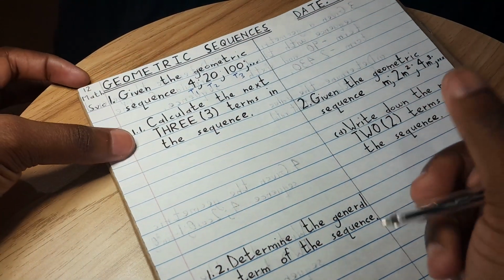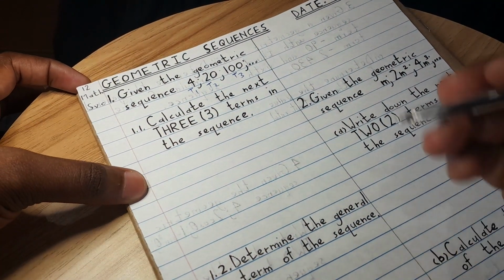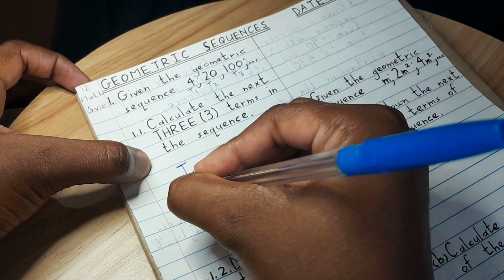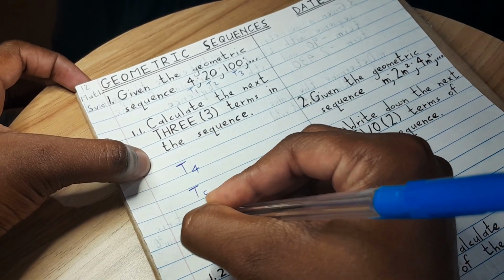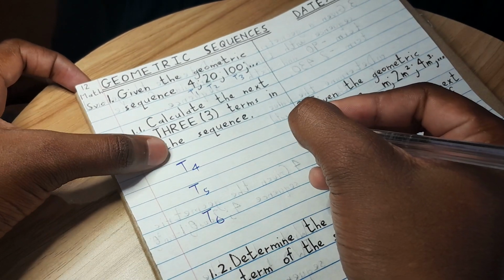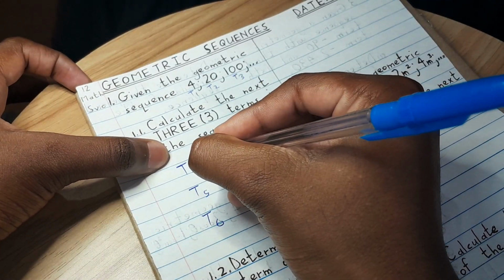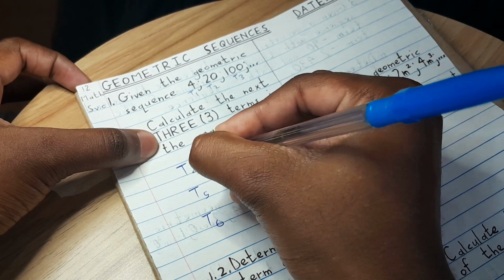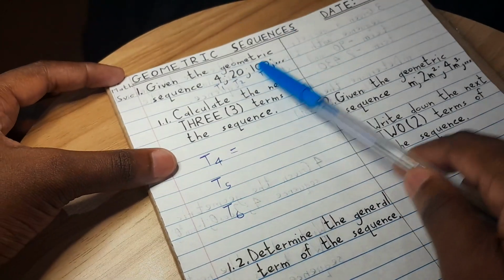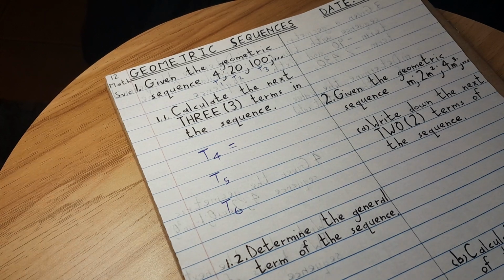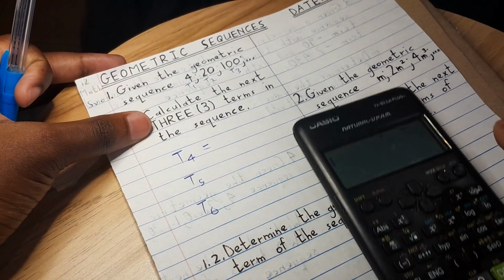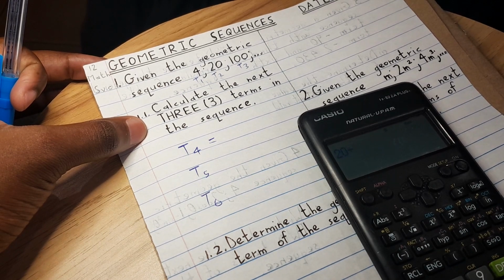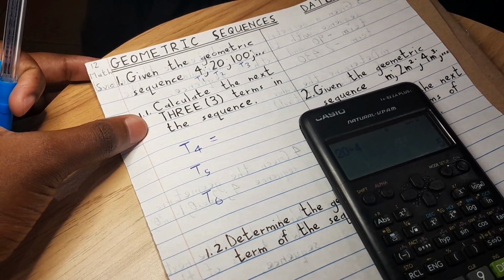So the next 3 terms will be T4, T5, and T6. Since this is a geometric sequence, we're expecting a constant ratio. In order to get it, we're just going to say T2 divided by T1. So T2 is 20 divided by T1 which is 4, which is 5.